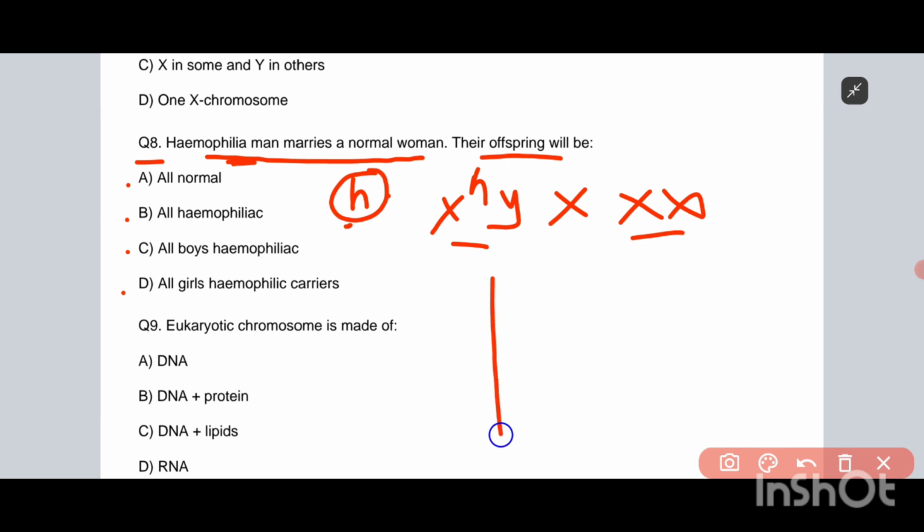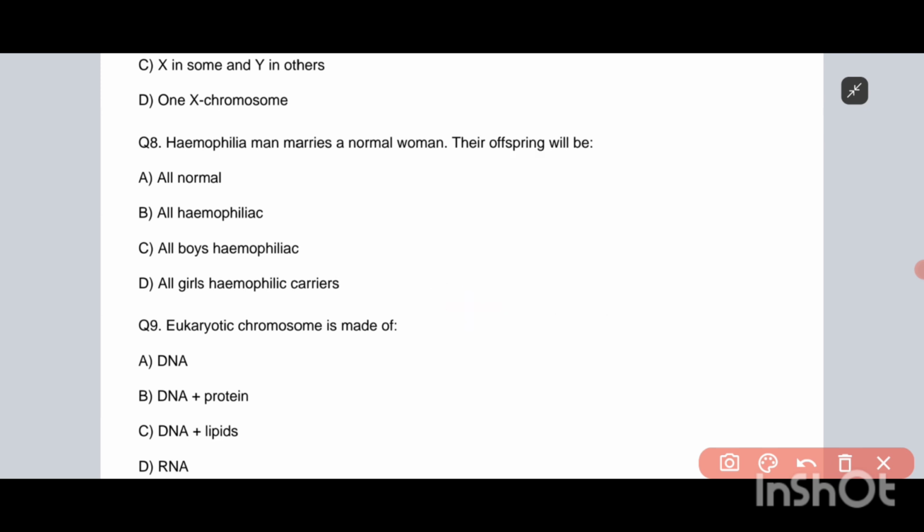So during gamete formation, I am writing one more time these two conditions.